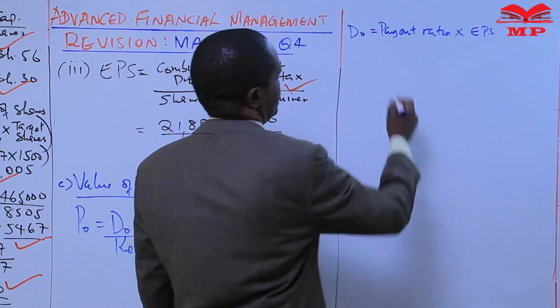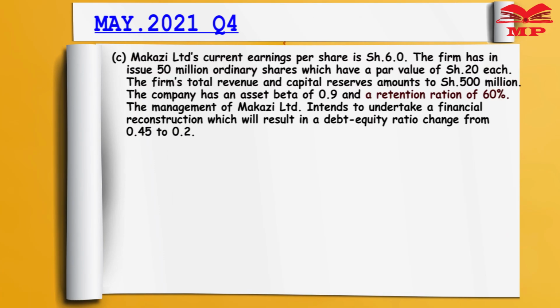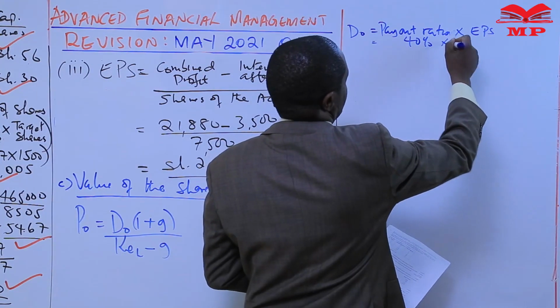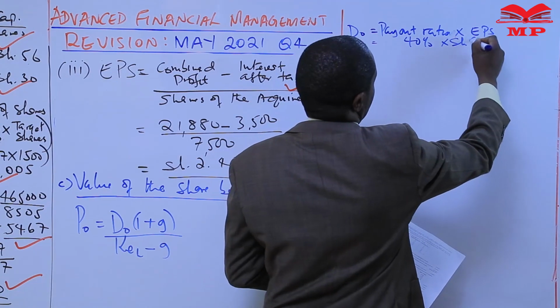If the retention ratio is 60%, then the payout ratio is 100% minus 60%, giving us 40%. The EPS is 6 shillings.